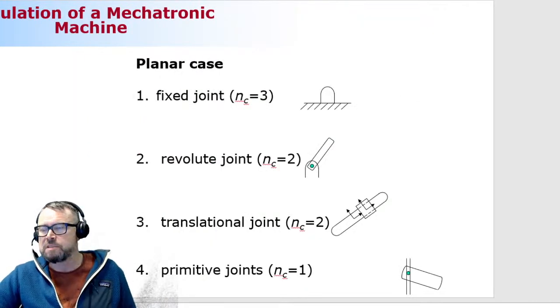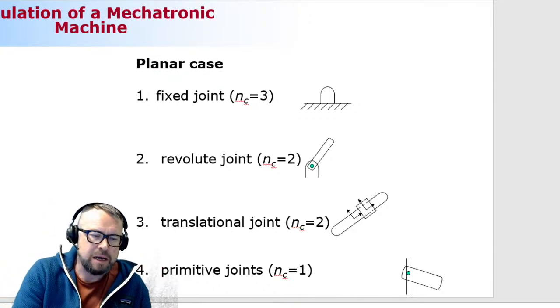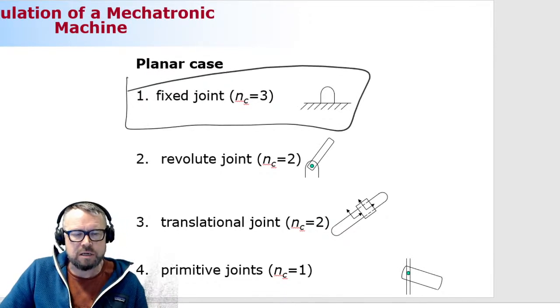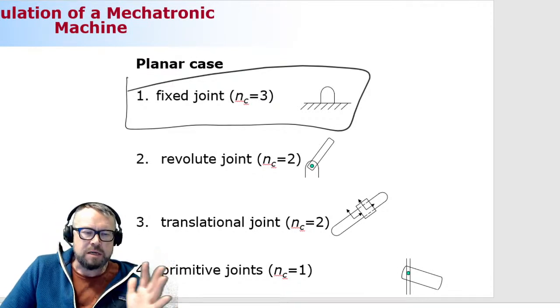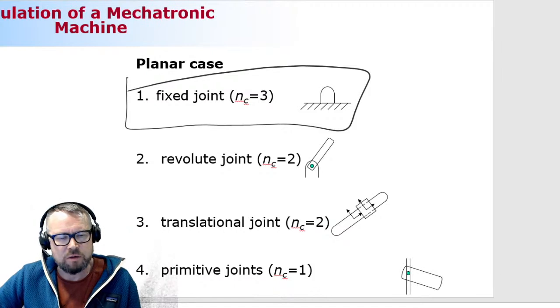Then different joints. How many constraint equations do you need in case of different joints? Here are the different scenarios. This covers all the planar cases, all the two-dimensional cases. You may have a fixed joint. You need 3 constraint equations to express a fixed joint.